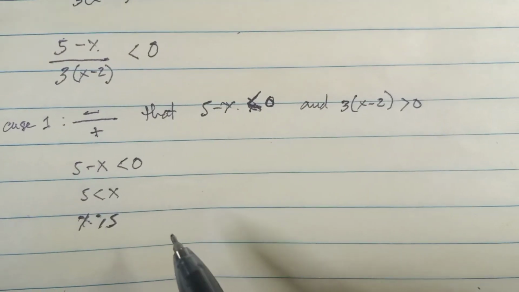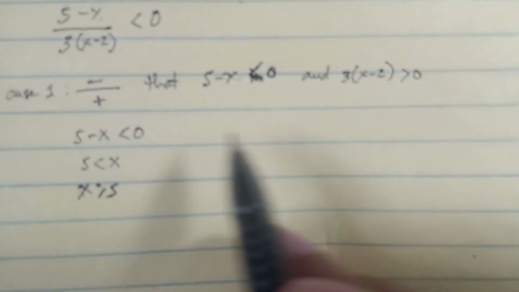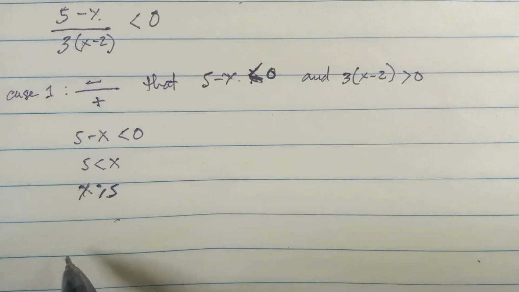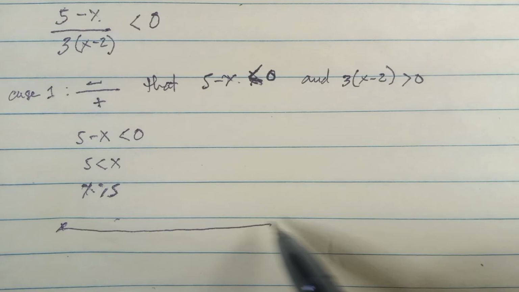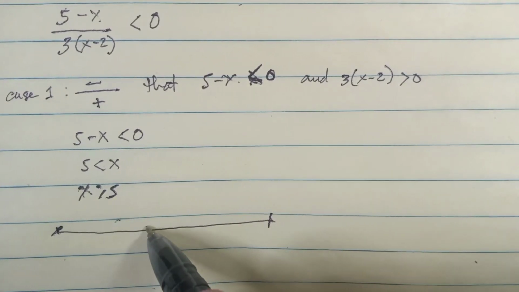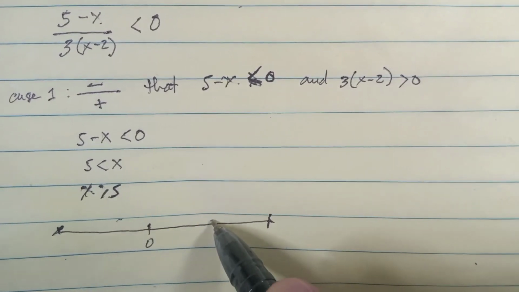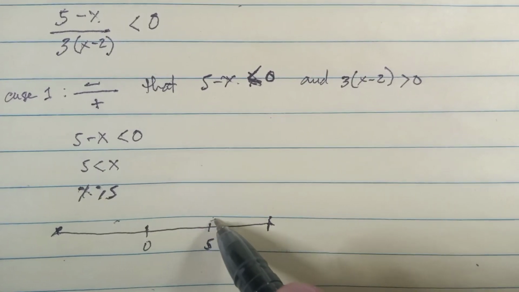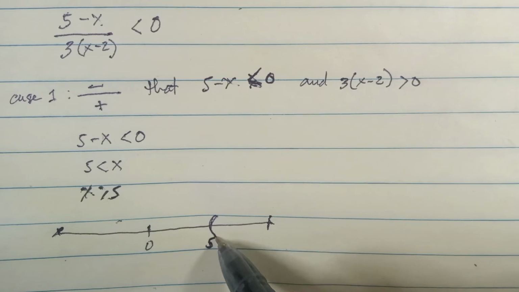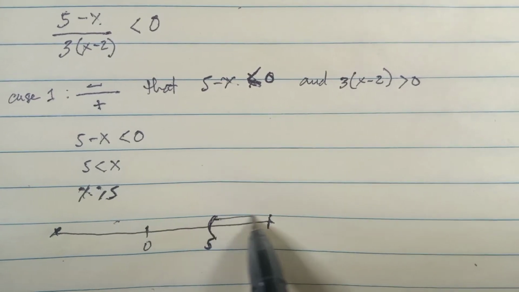If we draw that on the number line, let's say this is 5 here, so around that point 5 is not included.